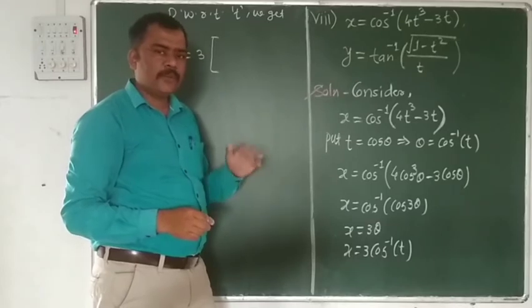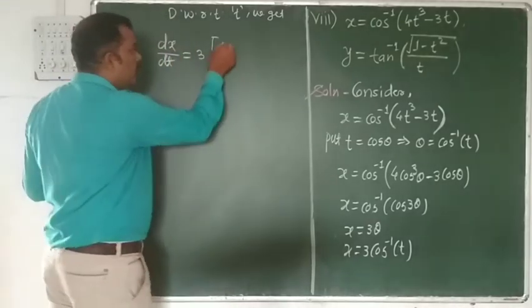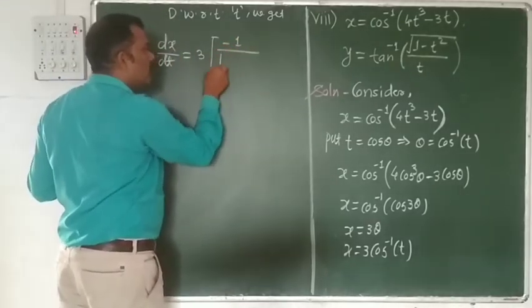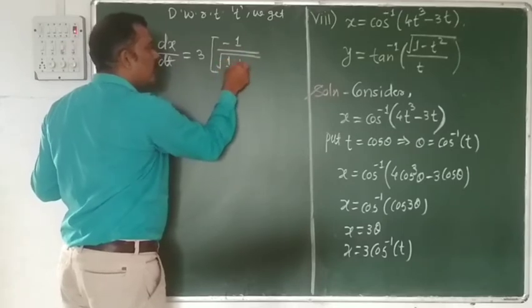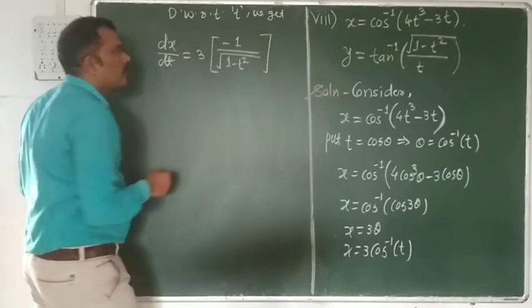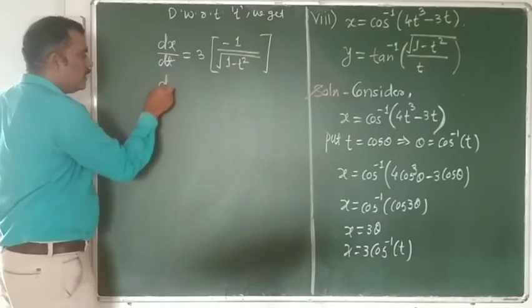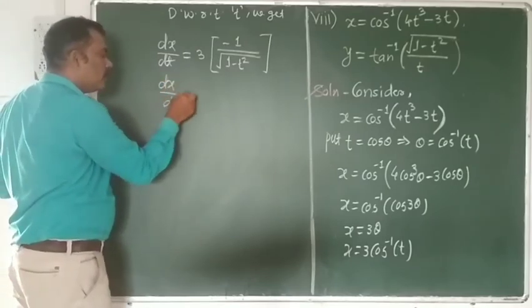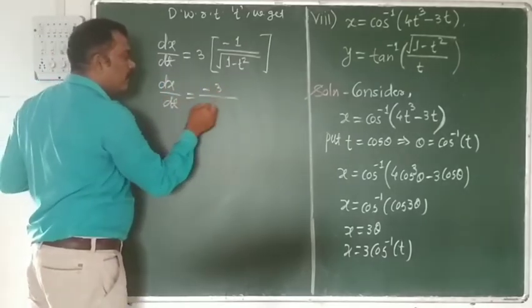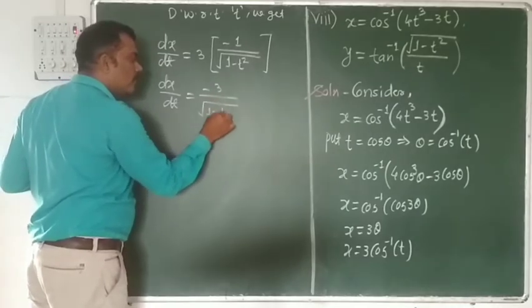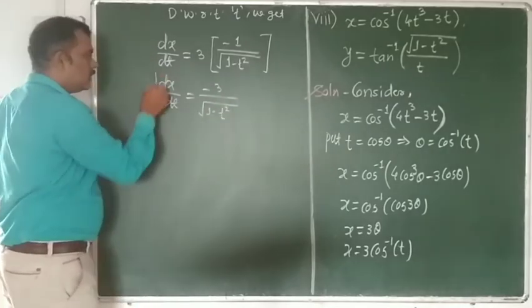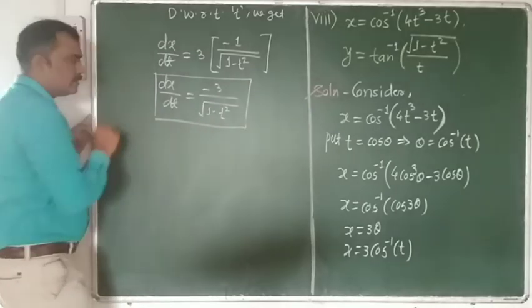Instead of x we replace t. So that we get minus 1 upon square root of 1 minus t square. Okay, this is nothing but dx by dt is equal to minus 3 divided by square root of 1 minus t square. This is the value of dx by dt.